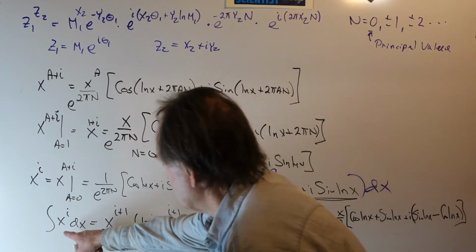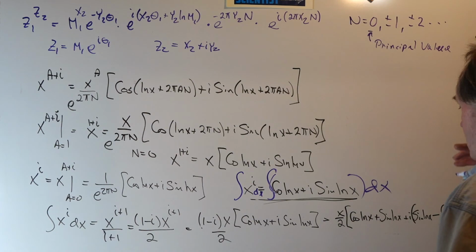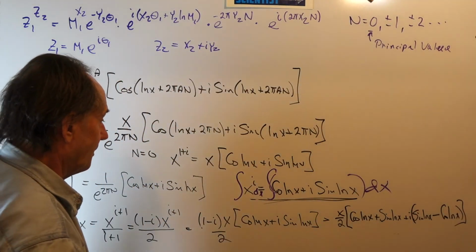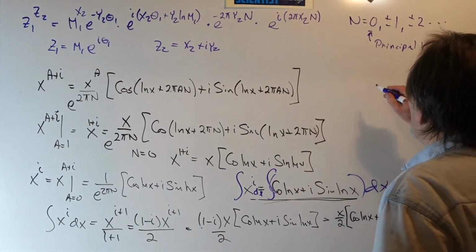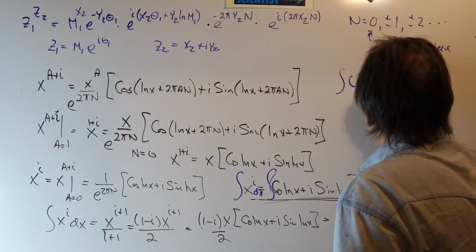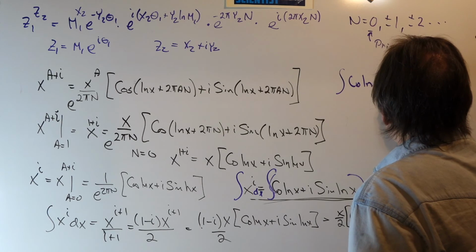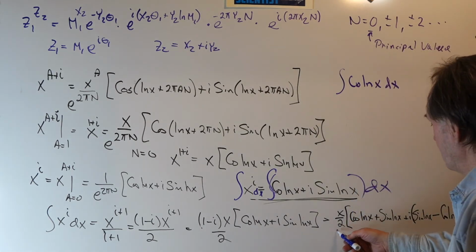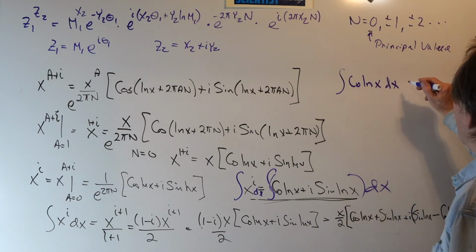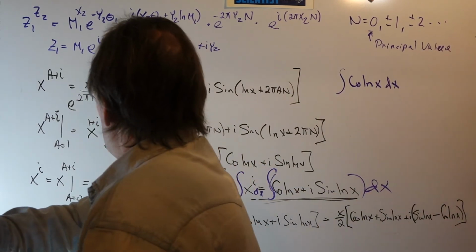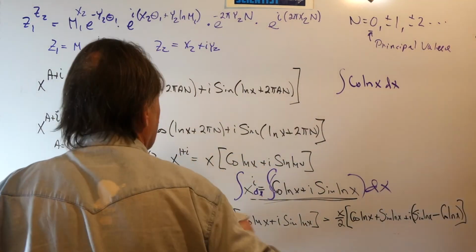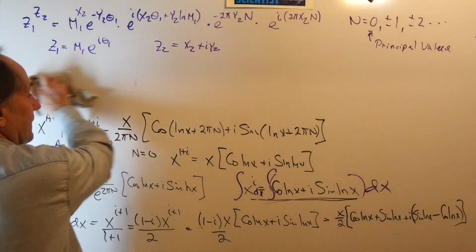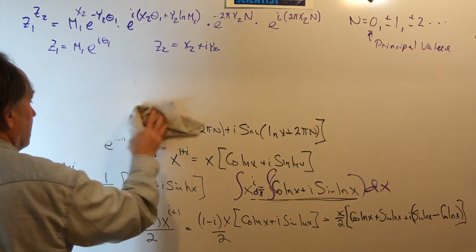We just determined that. So we equate imaginary and real parts. So the real part is the integral of the cosine of the natural log of x with respect to x, and that's going to be equal to this portion. Now let me write this out a little bit.